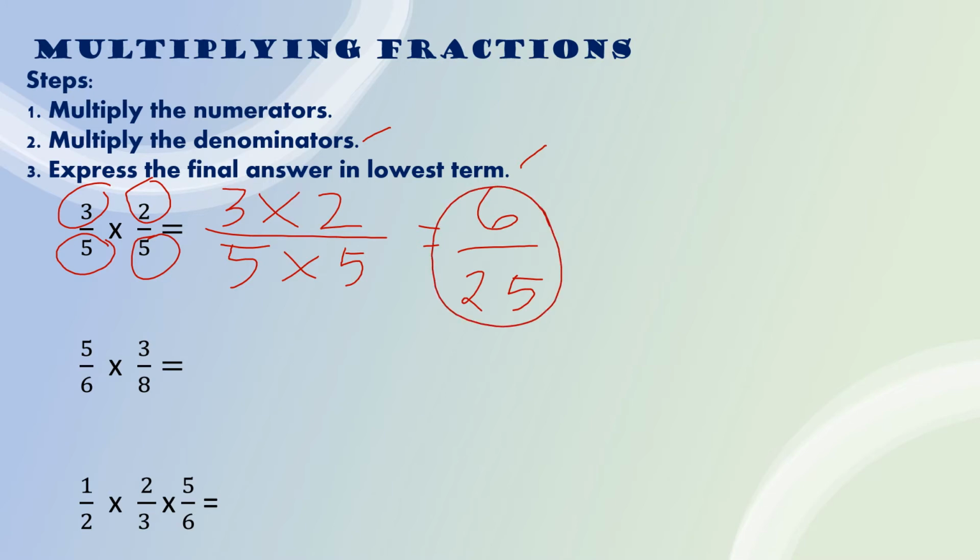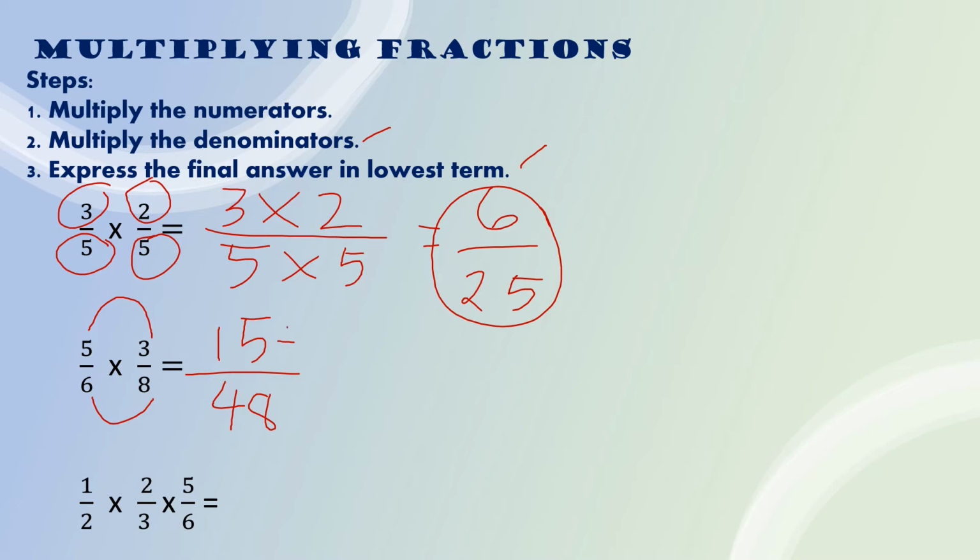Let's go to our number 2 problem. We have 5/6 times 3/8. Again, multiply the numerators, top times top: 5 times 3 is 15. And multiply the denominators: 6 times 8 is 48. Then simplify. What is our GCF?